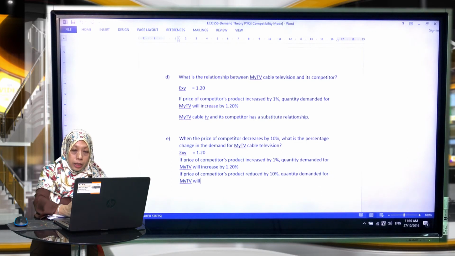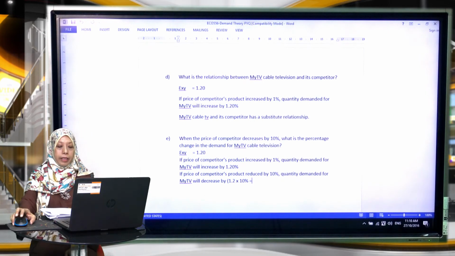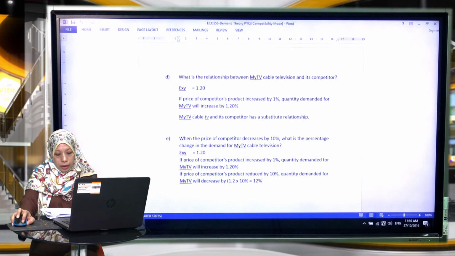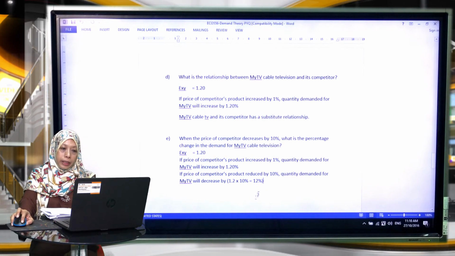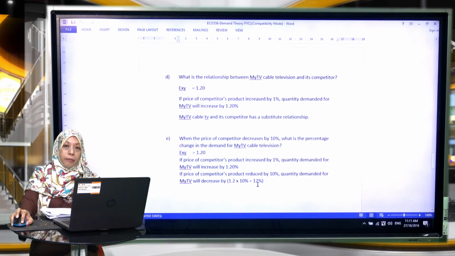It should be the same direction, will decrease by 1.2 times 10%, and that will give you 12%. All right, so that would be the impact of a reduction in price of the competitor in the amount of 10%. So the demand for your product will fall by 12%.